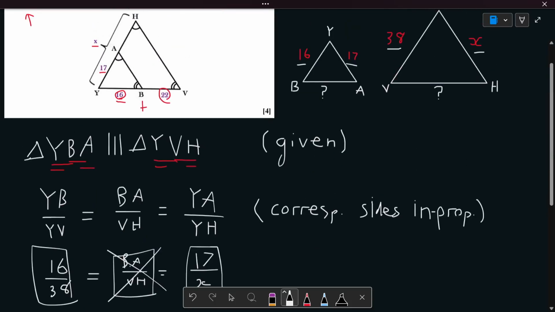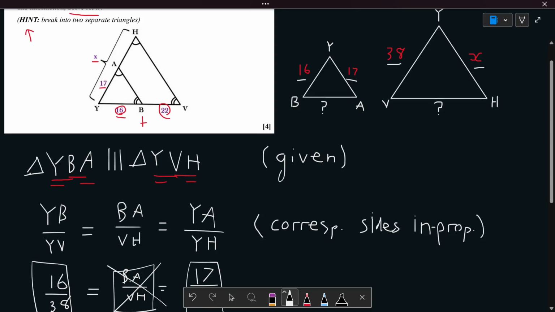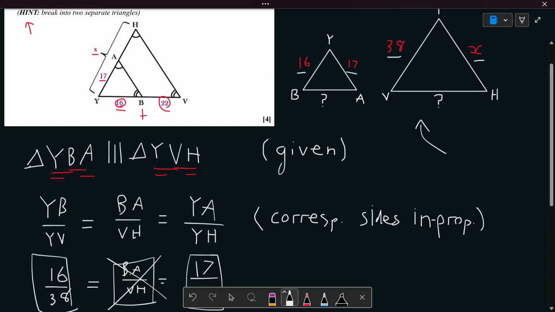So it's not really that bad when you have this type of question. The first step you normally have to do is just to break up the two triangles to make it easier to interpret the information. Then we need to show what we are given. We are given that these two triangles are similar, and now the next part we can use is that because these two triangles are similar, we can use the reason corresponding sides in proportion, because remember we are working with only sides in these triangles, because we are given sides and we need to find a missing side as well, and it's similarity, so that is why.